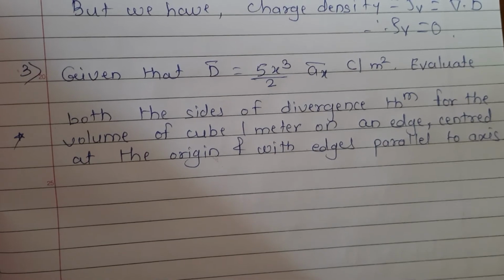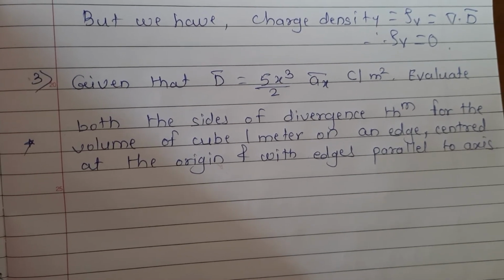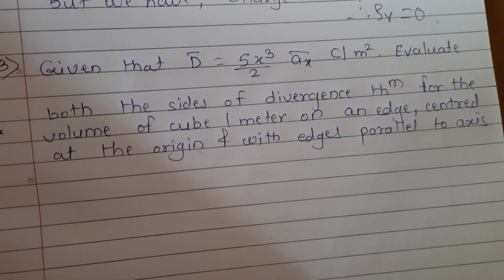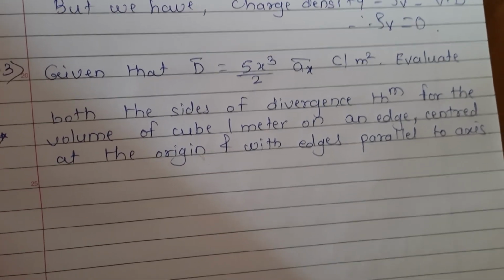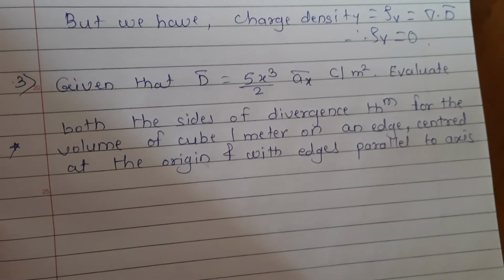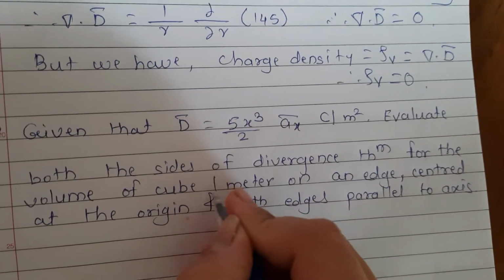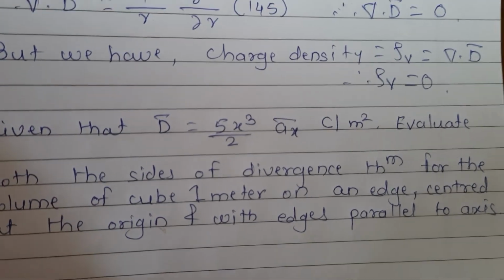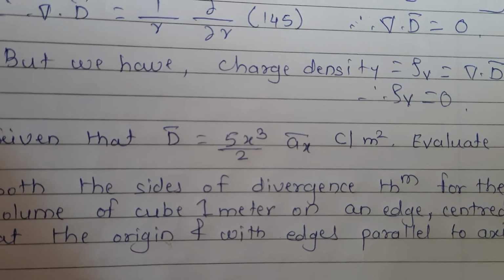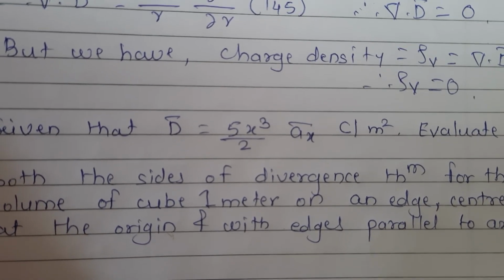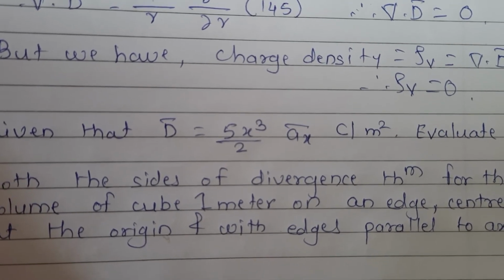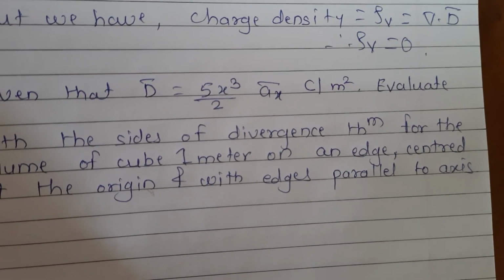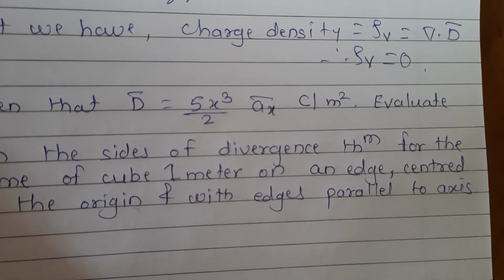Evaluate both the sides of the divergence theorem for the volume of the cube, 1 meter on an edge, centered at the origin and with the edges parallel to axis. So there are 3 steps. First step is place the given cube in the Cartesian coordinate system. Second step is write down the divergence theorem and prove LHS of it. And third step is prove the RHS of the divergence theorem.